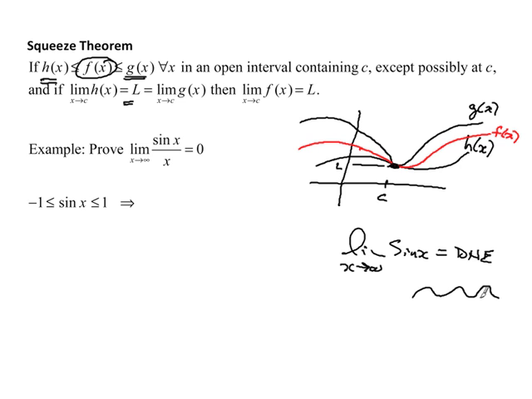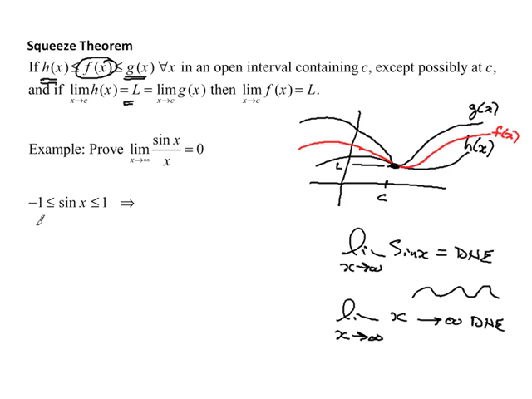It doesn't approach anything. And if I take the limit as x approaches infinity of simply x, well, that goes to infinity, which also means the limit does not exist. So what I have is something that doesn't exist divided by something that doesn't exist, which has got to seem odd. So how are we going to get from there to 0?